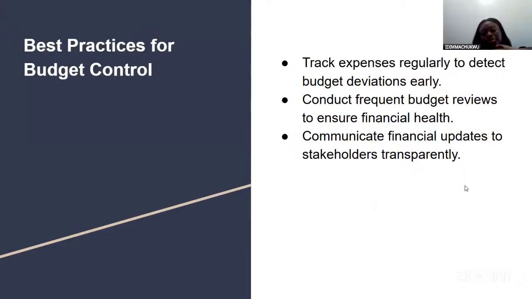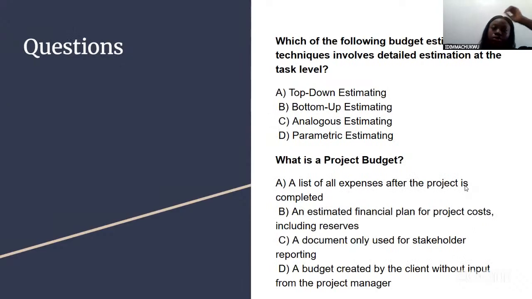So let's move over to the questions. Question 1 says, which of the following budget estimation techniques involve detailed estimation at the task level? I think it's the bottom-up estimation. Yes, you're correct.